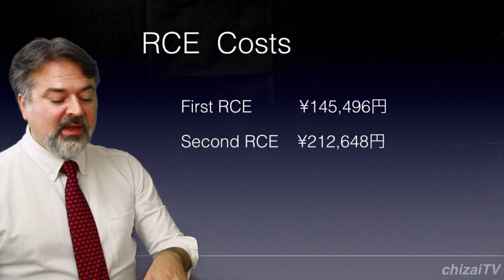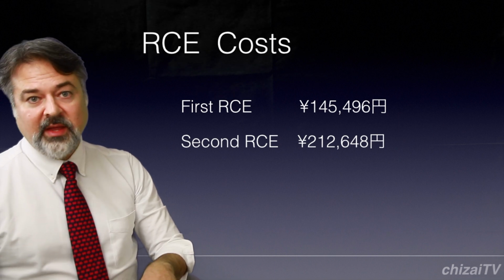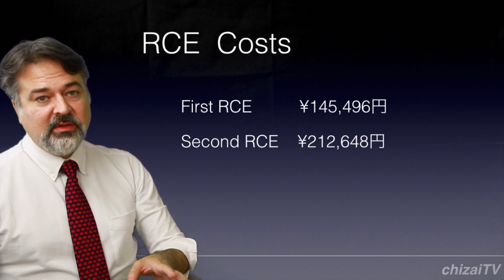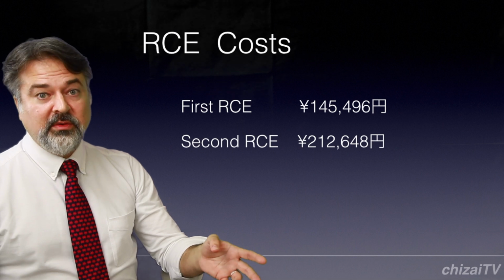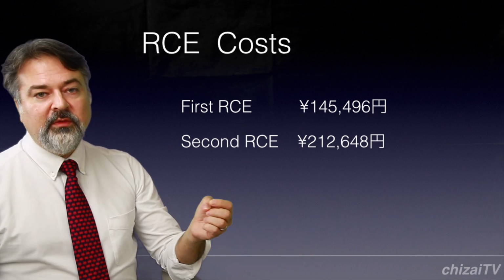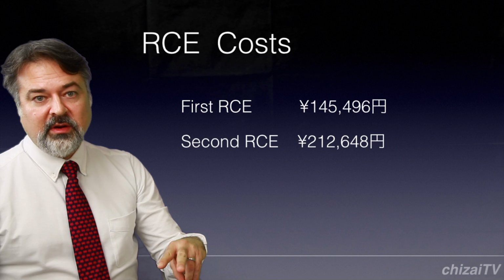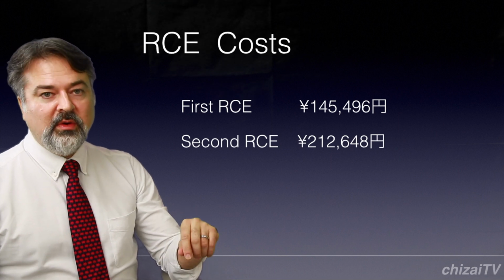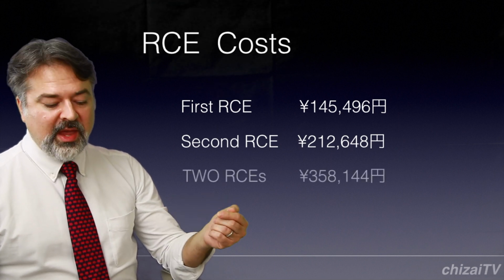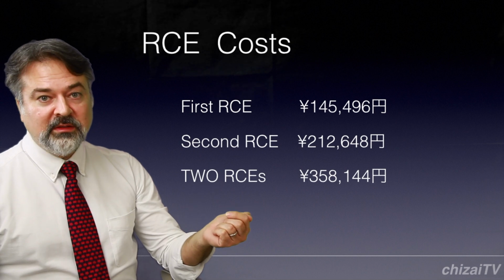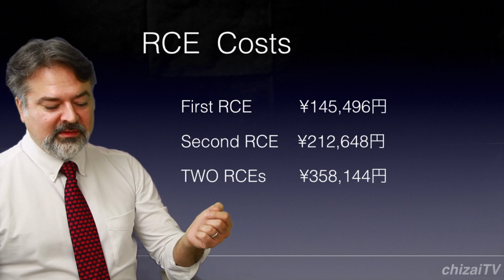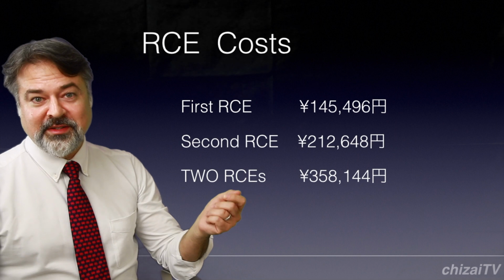And these fees were recently increased by the USPTO, and I expect these fees to increase in the future. So if you file both of these RCEs, the cost for the two RCEs is more than 35万円. It's pretty expensive, right? It's more than a translation cost for an application.